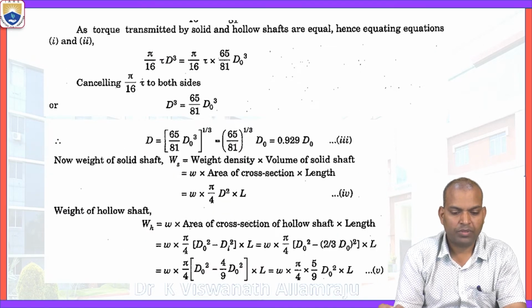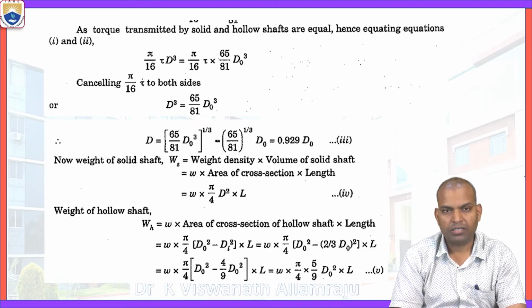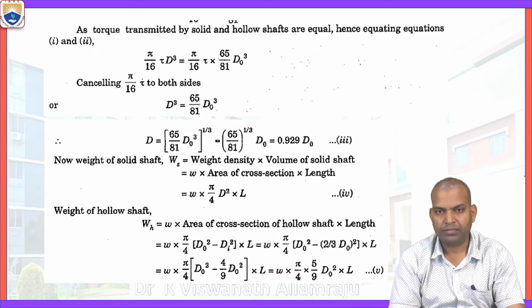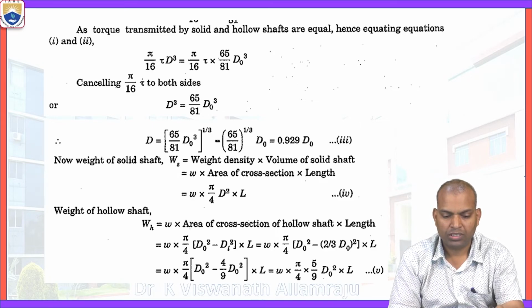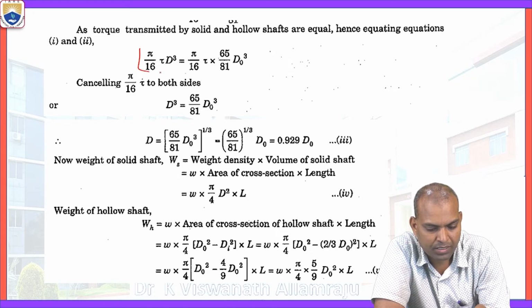So if you carefully observe, the torque transmitted by the solid and hollow circular shafts are same, because they mention here it is having the same material, same shear stress developed, that means torque is same. So equate equation 1 and 2, that is tau equal to pi by 16 times d cube. This is the d naught.